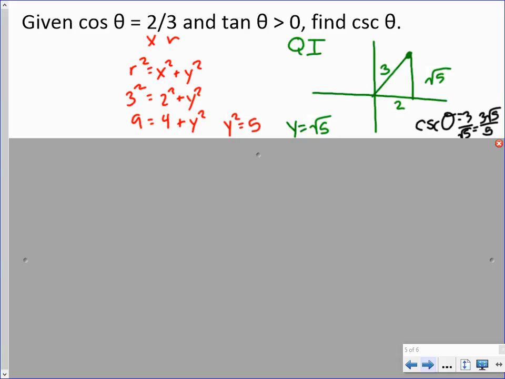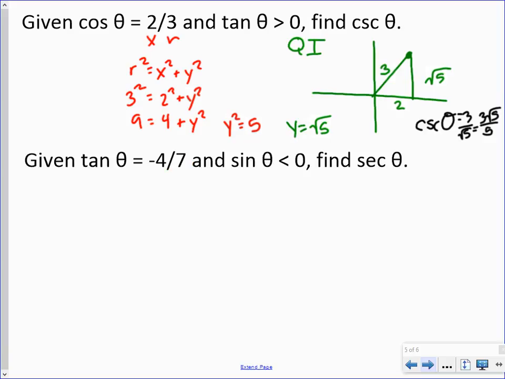Okay, so see if you can use that to do this last one for me. The thing you've got to push yourself on here is: are you identifying the triangle in the correct quadrant? So that you get the right signs for your trig ratios. You know that the tangent of theta is negative 4 over 7 and the sine of theta is less than 0. Get me the secant.